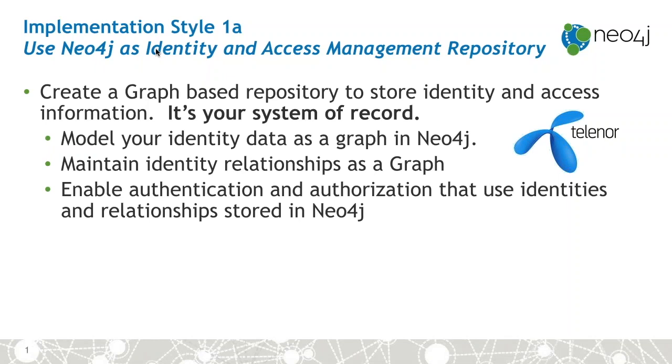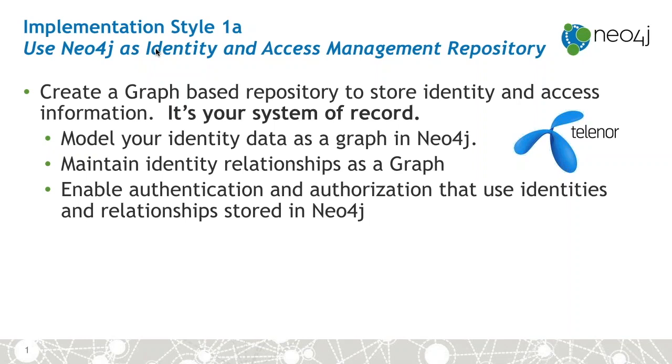There are actually three styles of implementation. The first is using Neo4j as an identity and access management repository. This means you're creating a graph in Neo4j to store all the identity and access information. It's the system of record for this information.